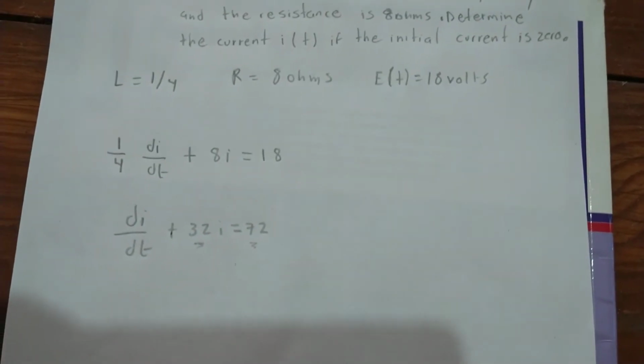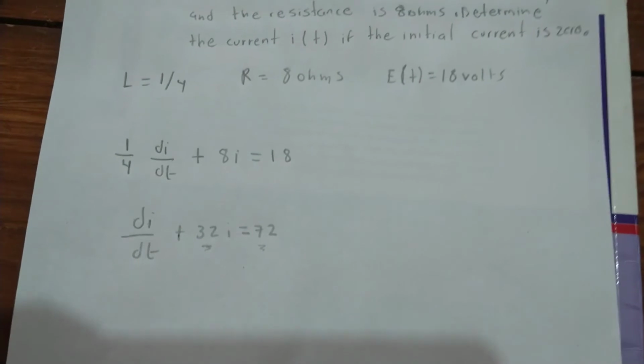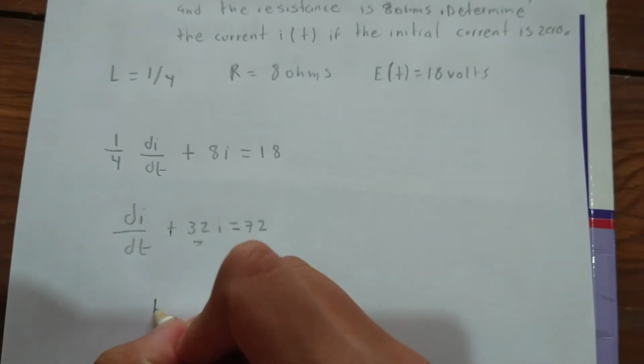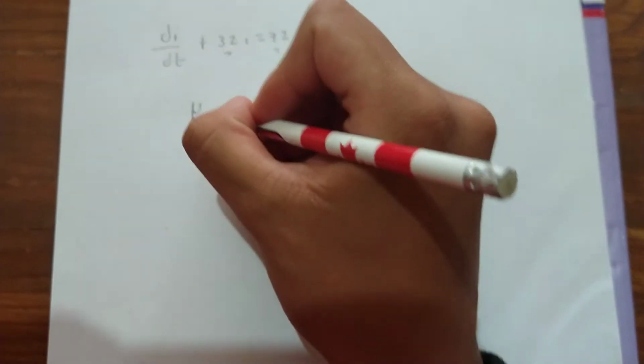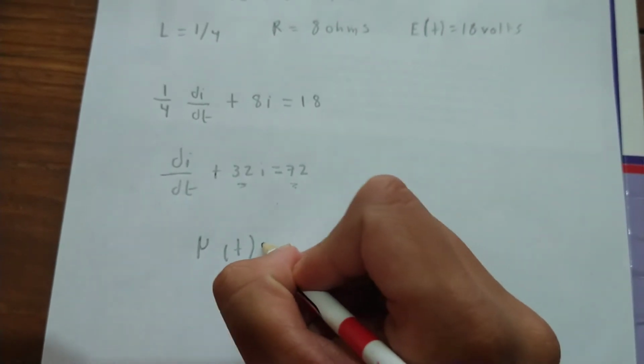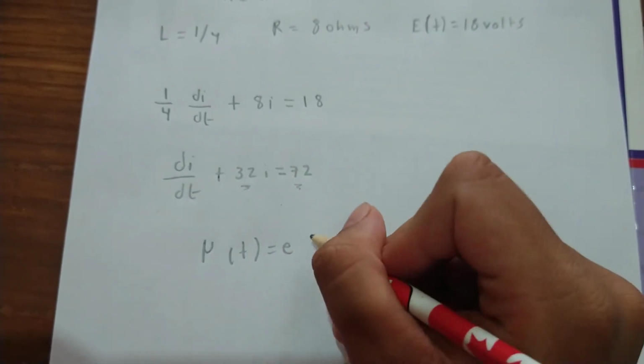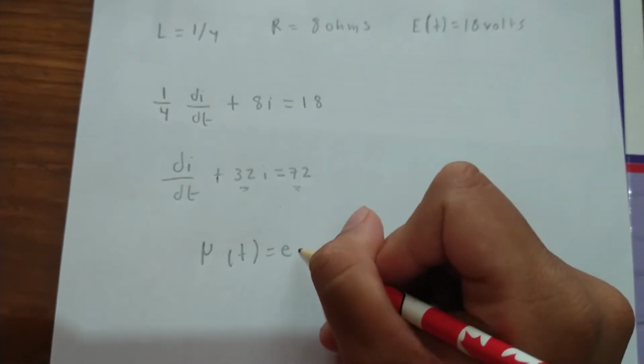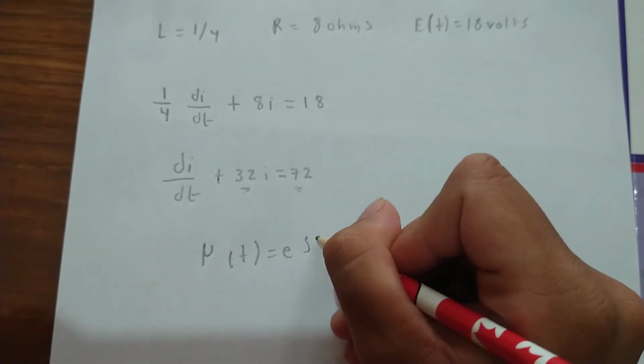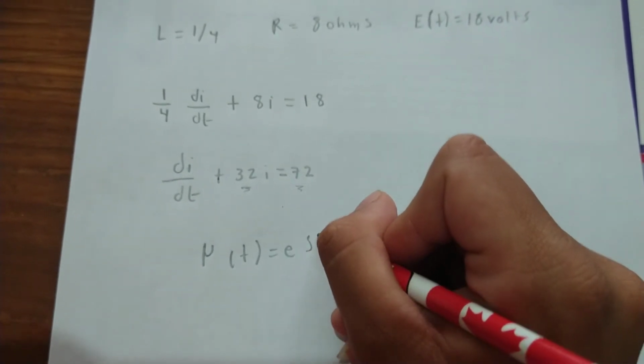be equal to e raised to the power of the integral of 32 dt.